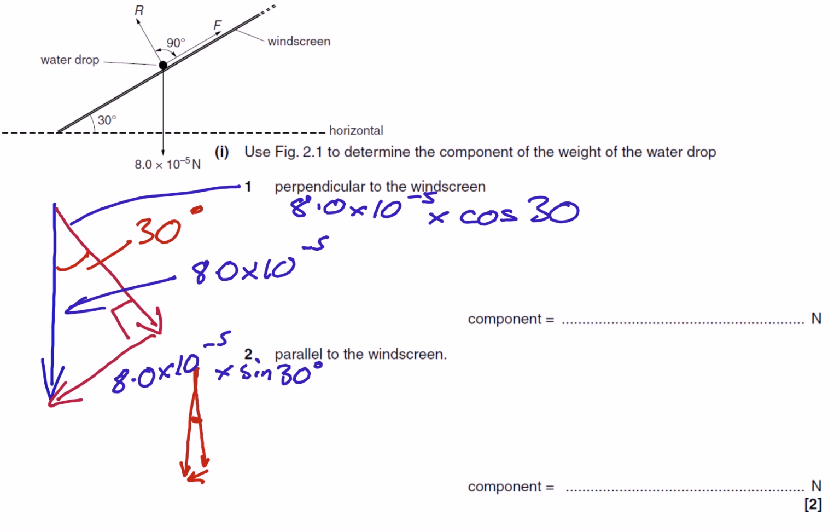When I put those two numbers into the calculator, my perpendicular one will come out as being 6.9 times 10 to the minus 5 newtons, and this one here will be, not 8.0, 4.0, because sine 30 is a half.